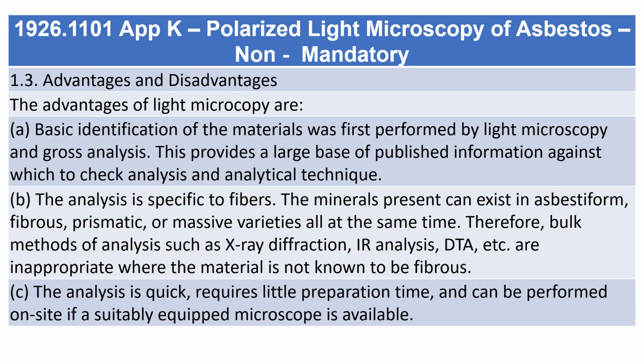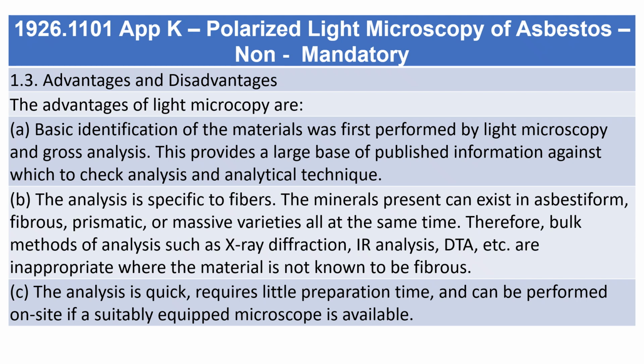1.3. Advantages and disadvantages. The advantages of light microscopy are: A. Basic identification of the materials was first performed by light microscopy and gross analysis. This provides a large base of published information against which to check analysis and analytical technique. B. The analysis is specific to fibers.